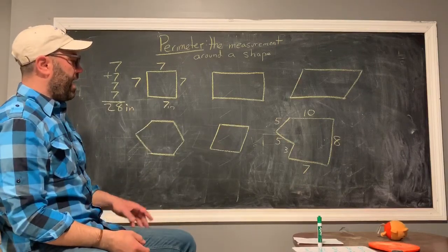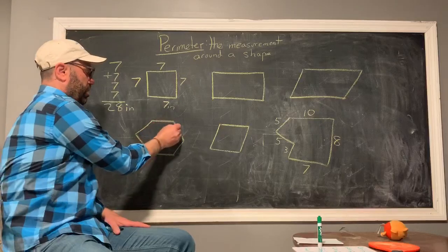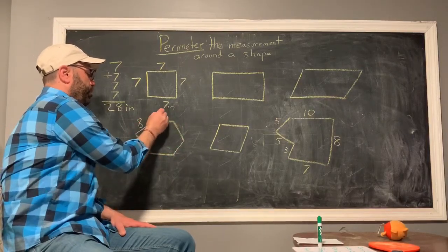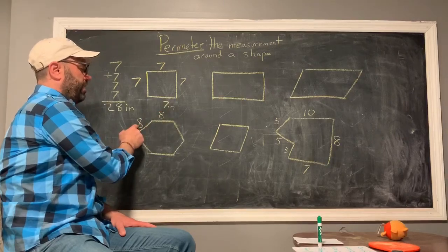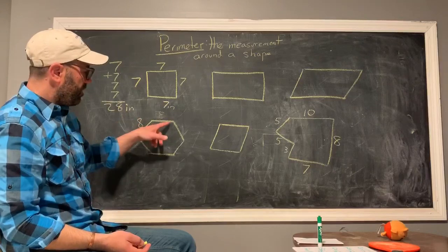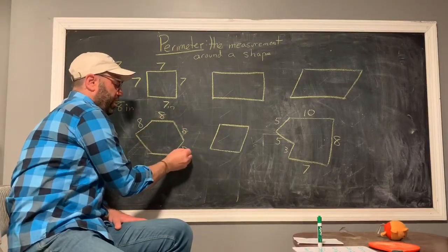Now, say I had this hexagon here. 1, 2, 3, 4, 5, 6, and say they said one side is 8. Looking at these, they all look the same, so I guess all the sides are 8.